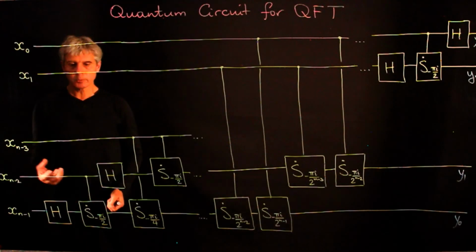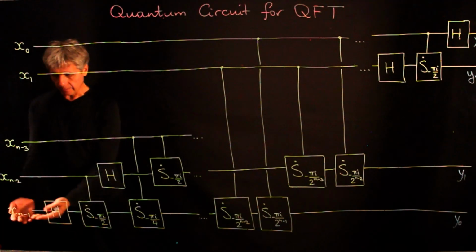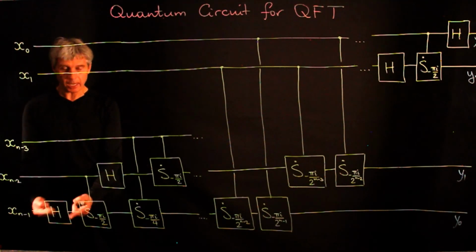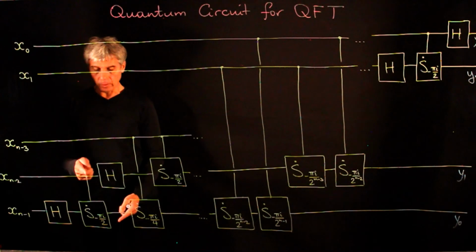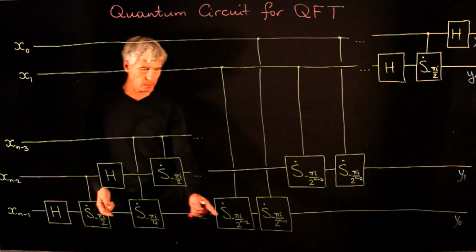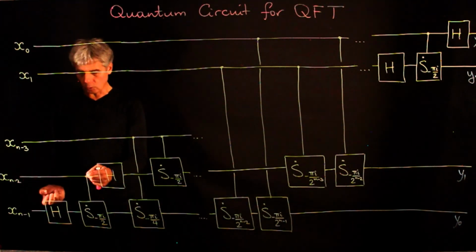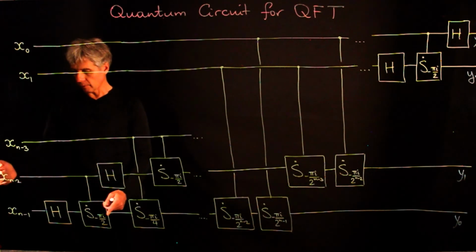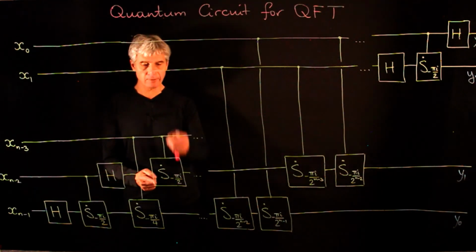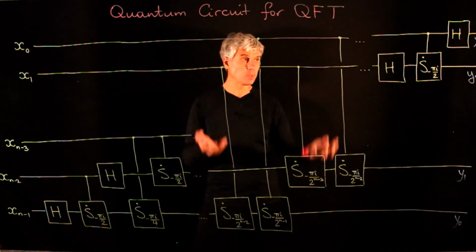So here is the quantum circuit for the quantum Fourier transform. As we can see here, in the last bit x n minus 1, we first apply the Hadamard transform, and then we apply controlled phase shifts by all previous bits. Then in the second last bit, after we applied the controlled phase shift from the second last bit to the last bit, here we apply Hadamard, and then we have controlled shifts from the previous bits.